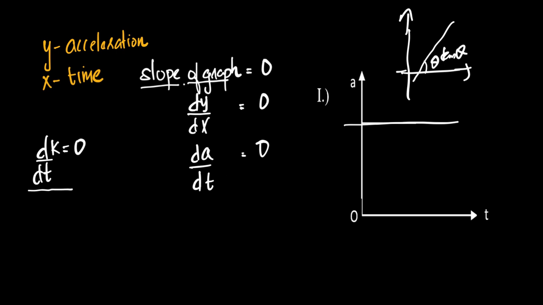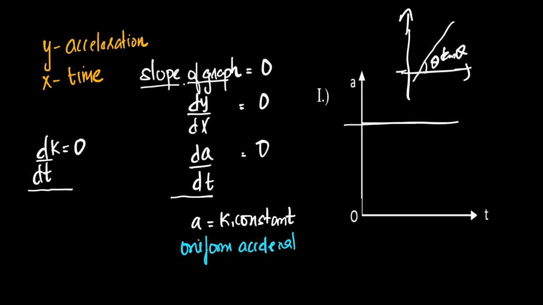So if d by dt of constant is equal to 0 and if d by dt of acceleration is equal to 0, what is the inference from that? It means that acceleration is equal to k, or acceleration is a constant, or in other words, this goes hand in hand with our question because it says uniform acceleration. So yes, this option is correct. It is uniform in nature.